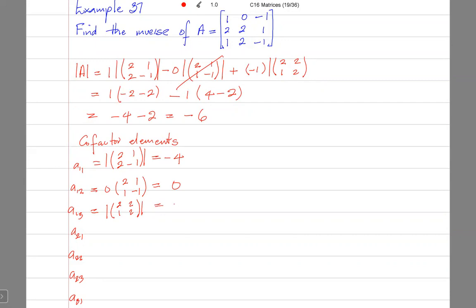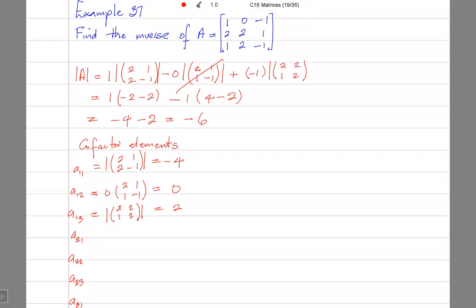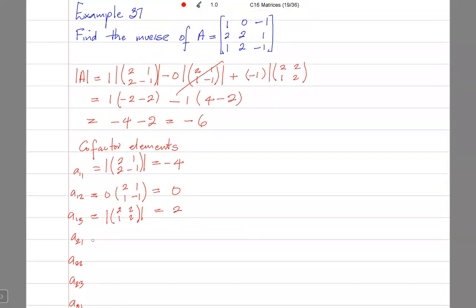So the determinant here is 2. So let's go to the second row. This becomes the determinant of 0, 2, minus 1, minus 1. That's 0 minus minus 2, which is 2.